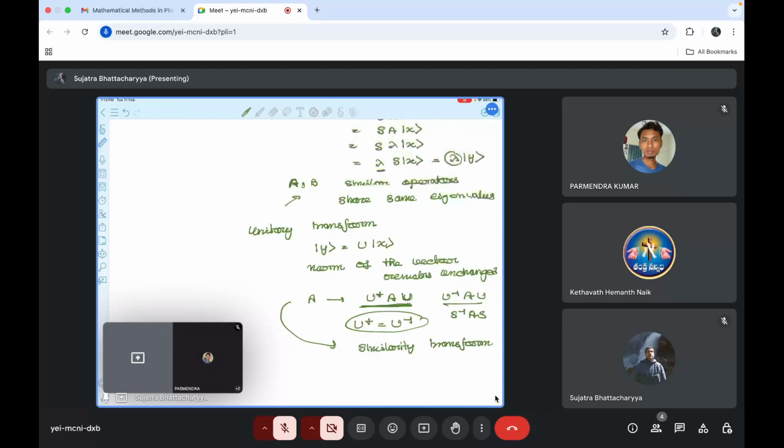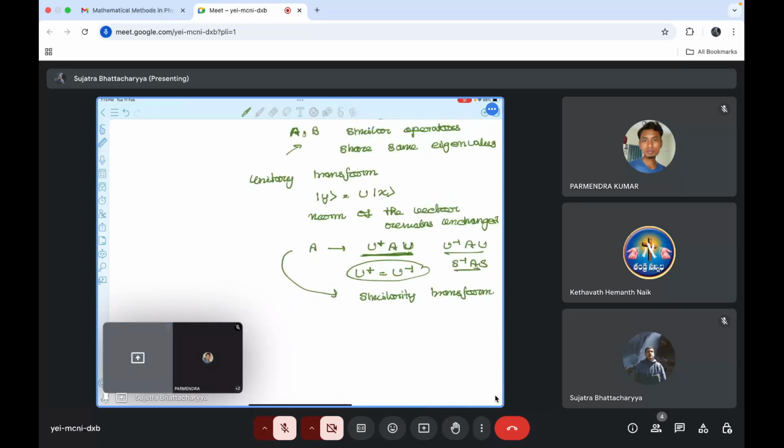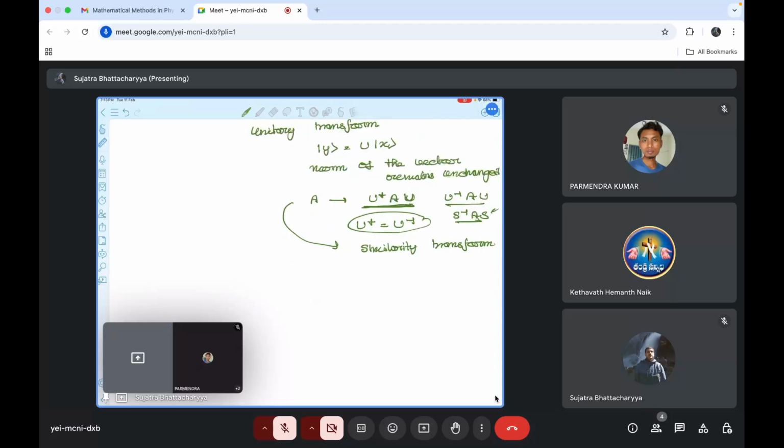They are the same, right? So essentially the same thing. That's why we can call it a similarity transform. A unitary transform is also a similarity transform. The most important part of the unitary transform is that the norm stays preserved. That's the important part. Nothing else is much more important.